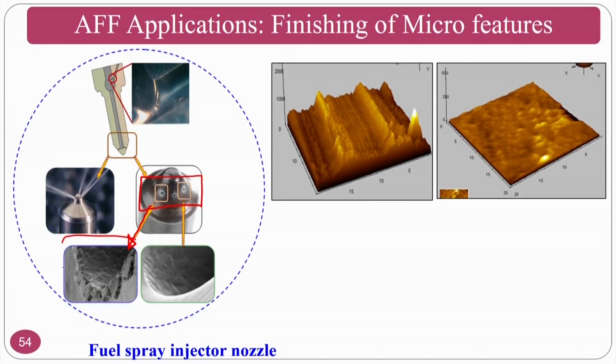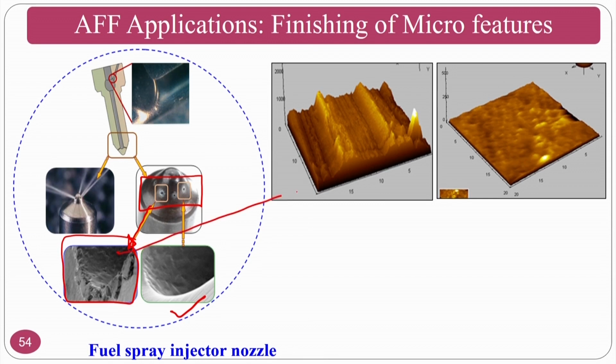If I want to eject X amount, and the surface is like this, very rough, I cannot eject perfectly. In those circumstances, what will happen? Improper combustion will be there. For that purpose, you have to finish this, and better combustion can take place, and carbon monoxide and other dangerous gases won't evolve. So this may refer to this one. I am not saying the same, just refer, and this will refer to this one.